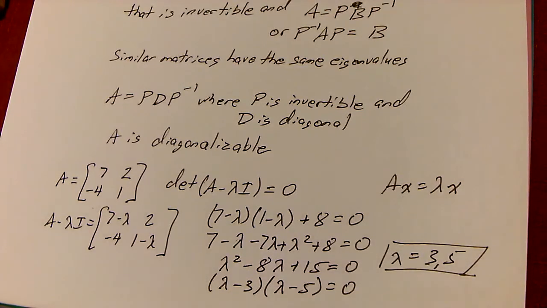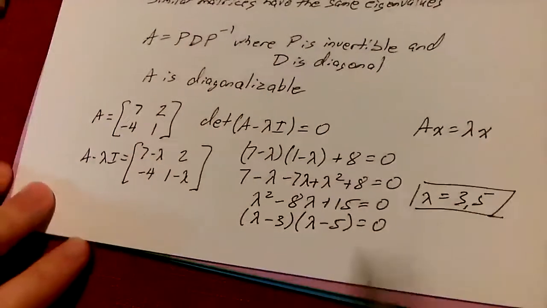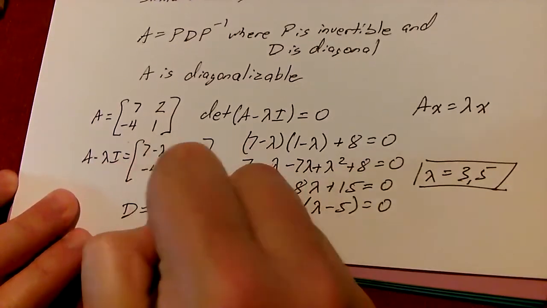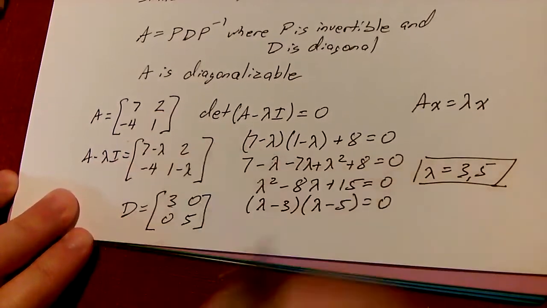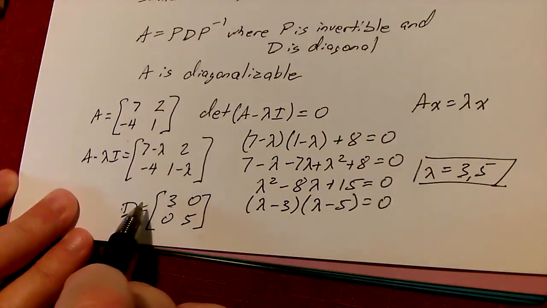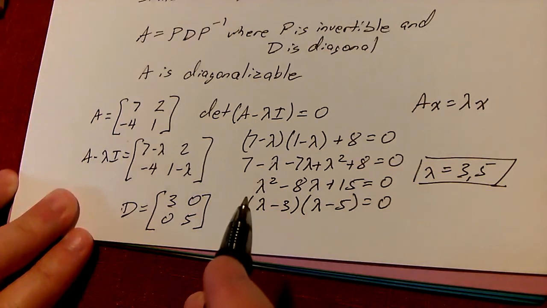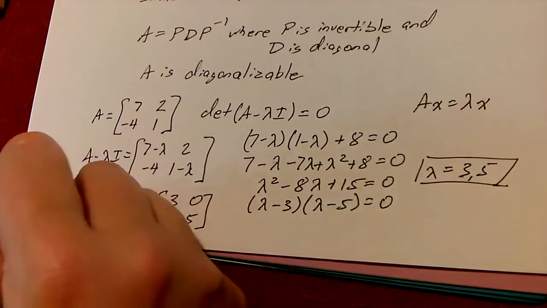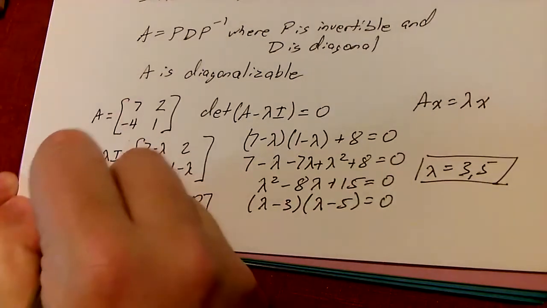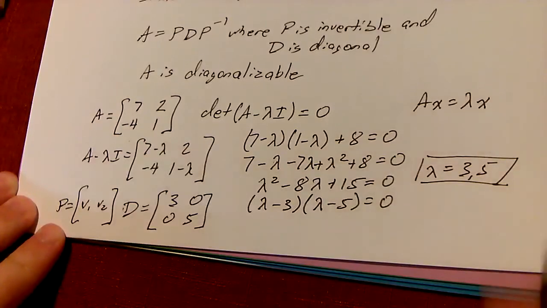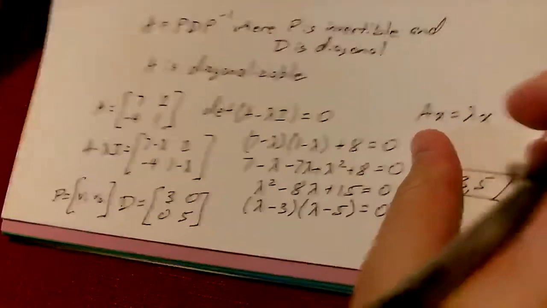So to determine if this is diagonalizable, to find the diagonals, what I'm actually looking for then is the diagonal matrix to have the eigenvalues. Because I know if I multiply those eigenvalues by the vectors, they're going to multiply out to A. So if this is my D, then I can find P simply with the eigenvectors. So let's finish out that thought here.